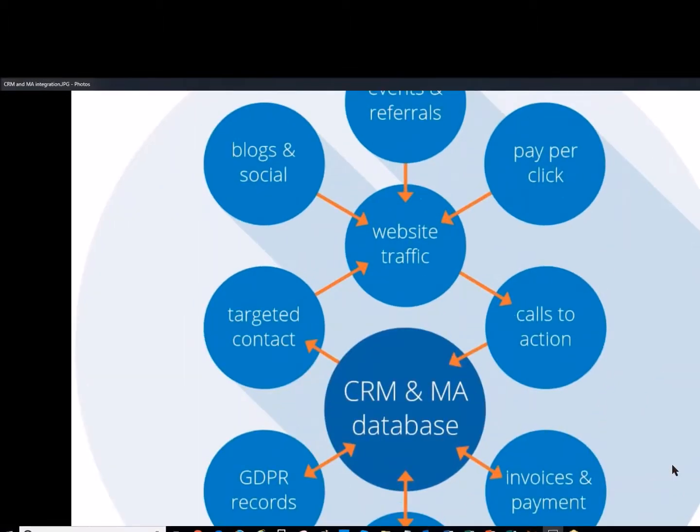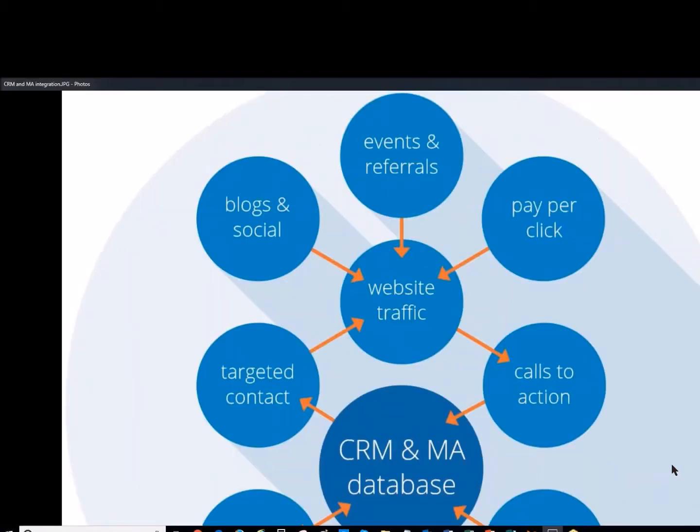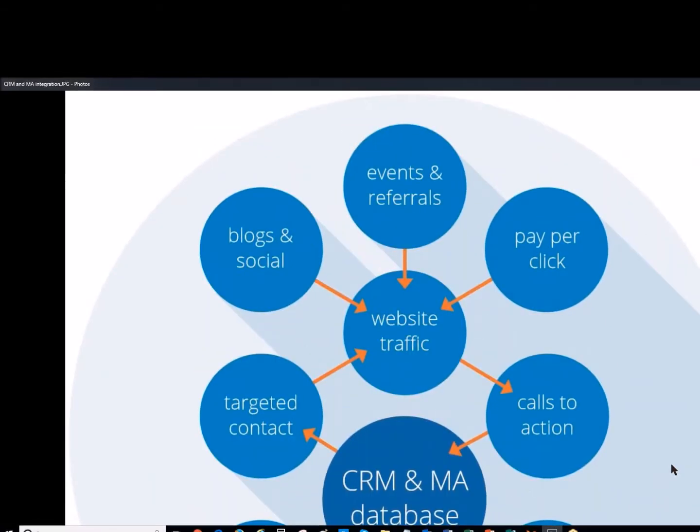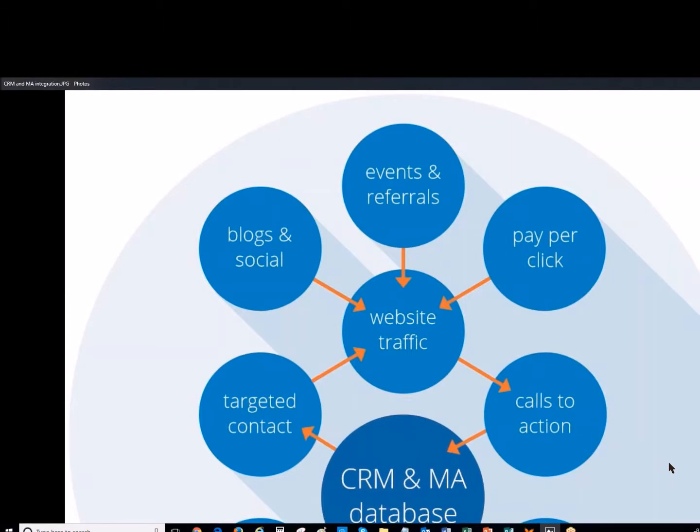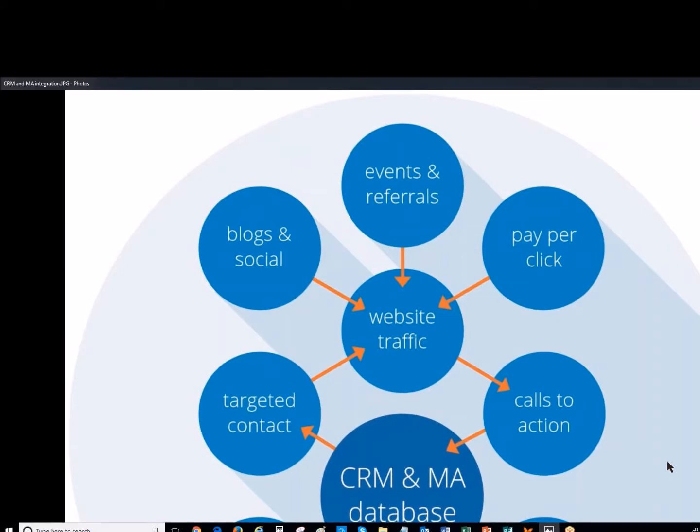If I expand the diagram, the information at the top of this chart relates to the touch points you have within your marketing program. If you're running inbound marketing, you'll be writing blogs, producing good content, pushing them out through social media, and trying to drive traffic to your website in that get found inbound marketing way.